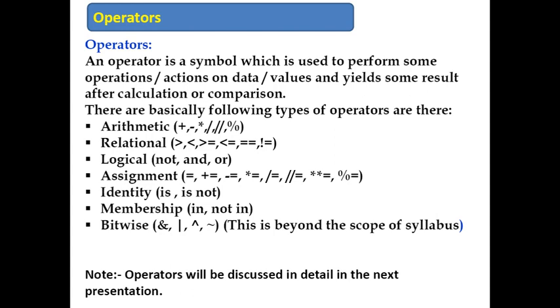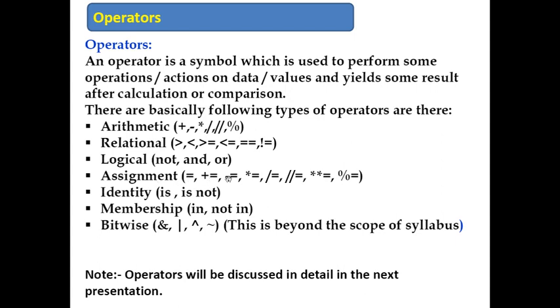Now operators. An operator is a symbol which is used to perform some operations or actions on data values, and yield some result after calculation or comparison. These are arithmetic operators. They always give some value for calculation. Relational operators and logical operators all give some true or false value because these are useful in comparison situations.